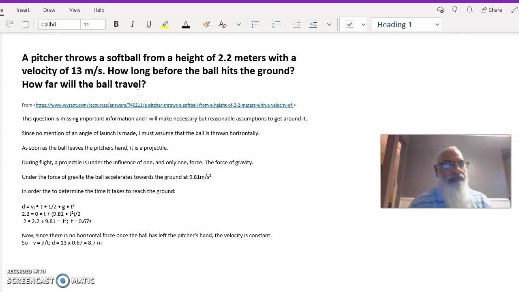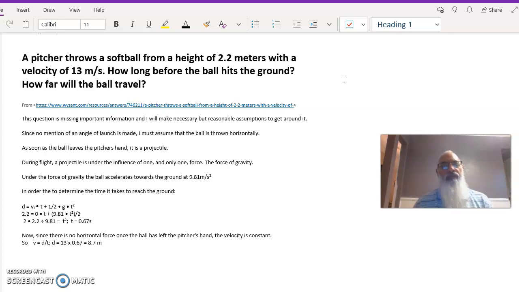So, a quick word about the nature of projectile motion. The most significant thing about projectile motion that you want to keep in mind is that as soon as the object is in flight, as soon as it has been projected, in other words, nobody's holding it, nothing is connected to it, it is just flying through air.